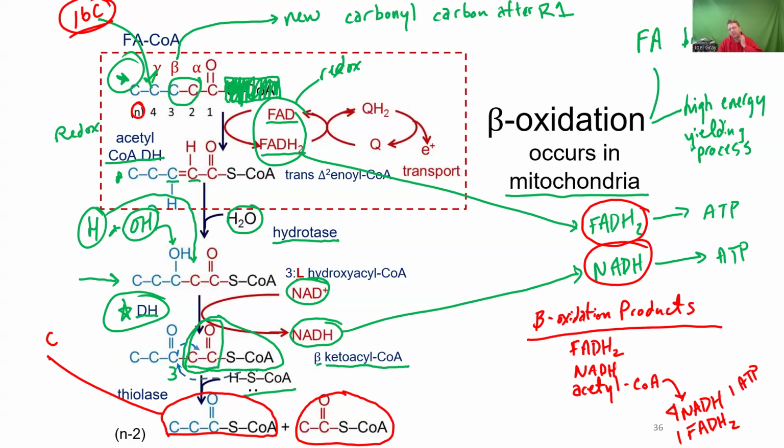It's truly GTP, but it's effectively the same. So when it comes to breaking down a fatty acid, you get all of this. I'm going to go ahead and scribble that out. You effectively get all of this from one round of beta oxidation because the products of that one round of beta oxidation can go into the Krebs cycle where you can generate more and more NADH.